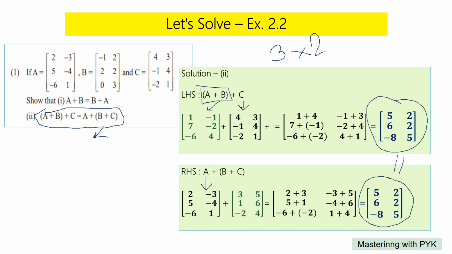This is the property known as associative property. This means when we add a matrix with B and C addition or vice versa, the resultant matrix is same.